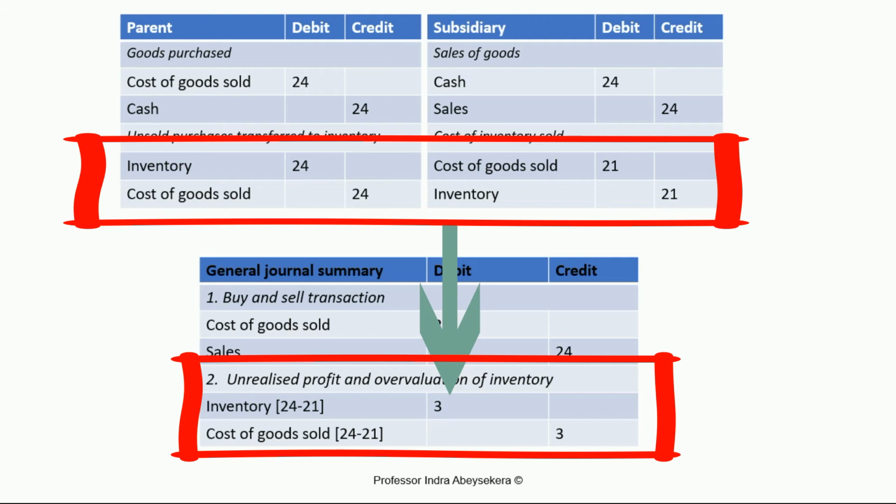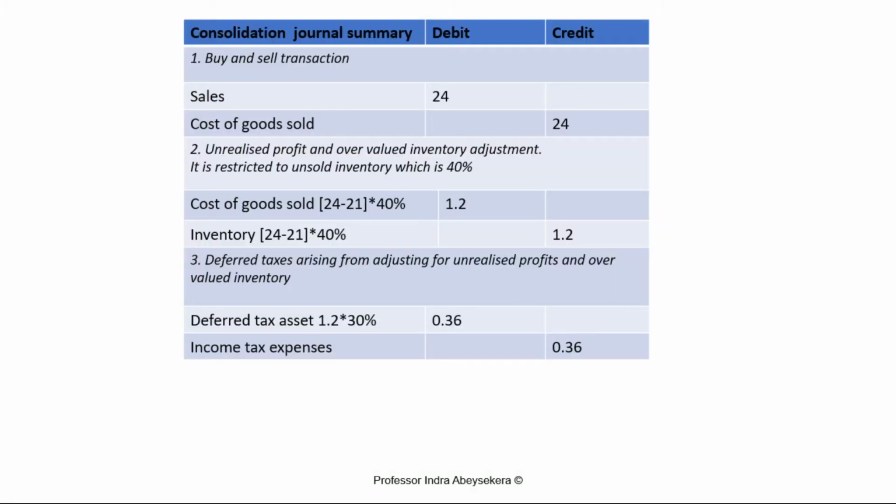The credit to cost of goods sold 3 is for the unrealized gain on inventory that's been sold. So the unrealized gain on inventory is now in cost of goods sold. There is no dedicated account to show the gain on sale of inventory because inventory is a trading asset.